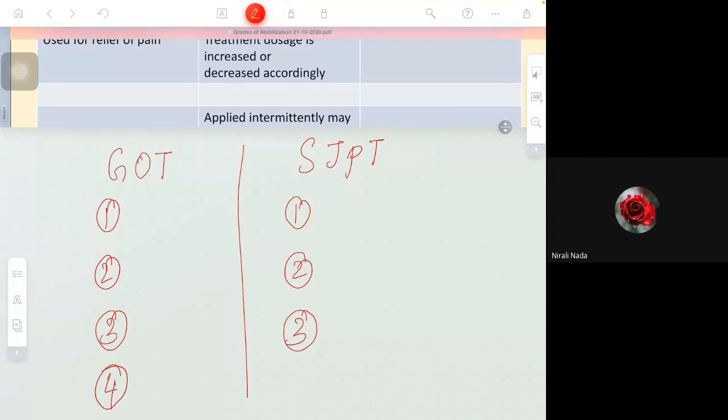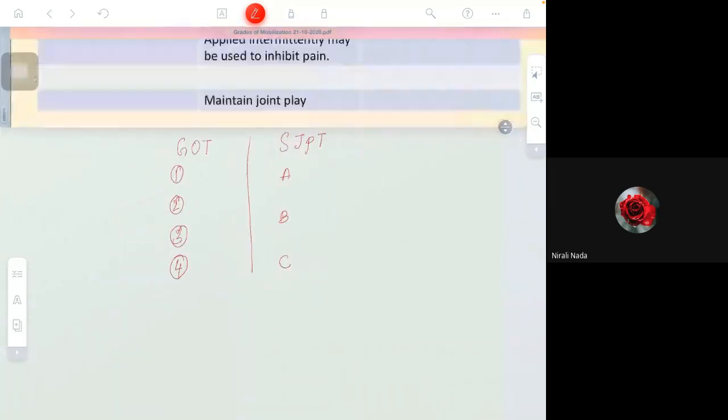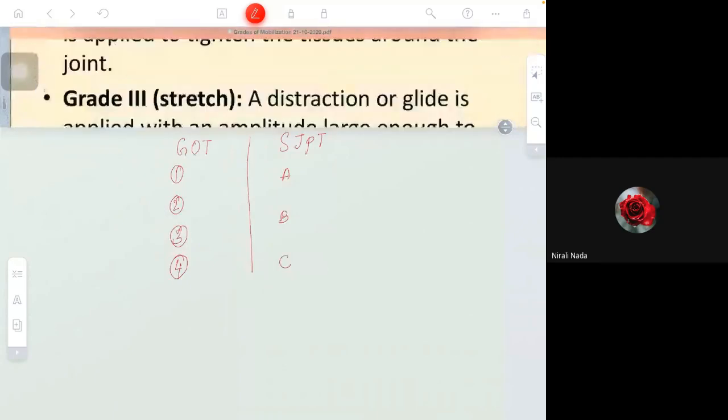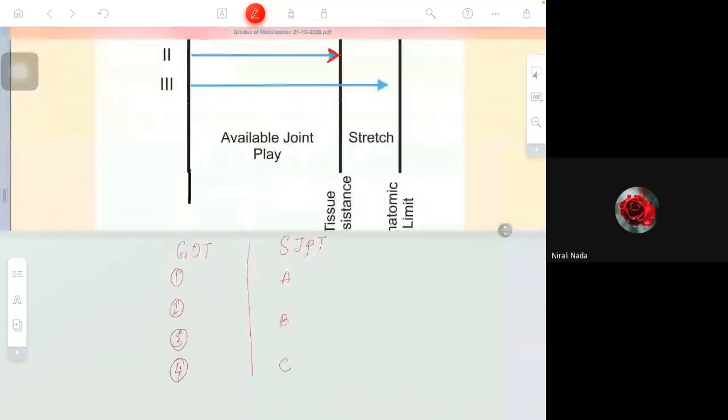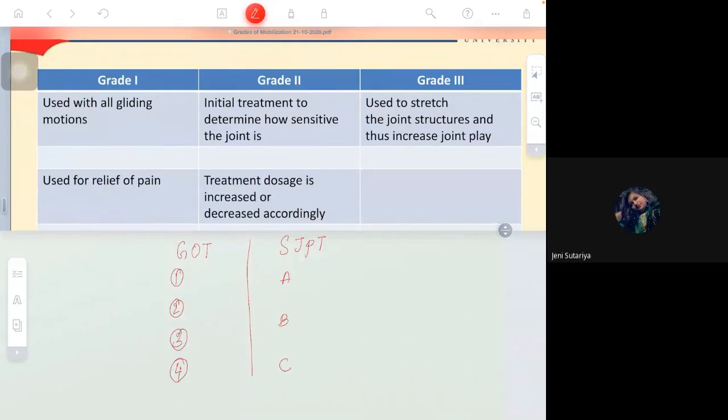Clear? Or I will give another terminology. One second. Instead of 1, 2, 3, I'll give A, B, C. Clear? So now what had I shown here?